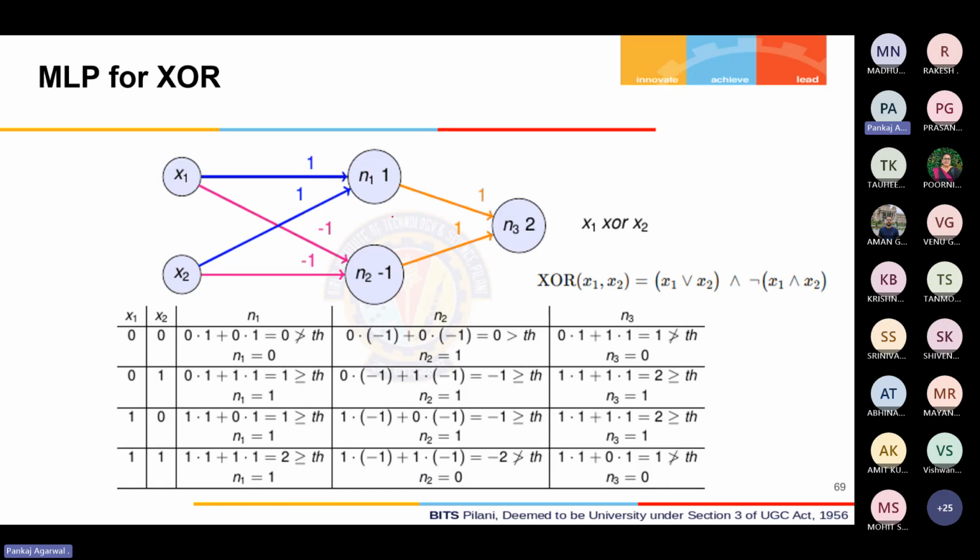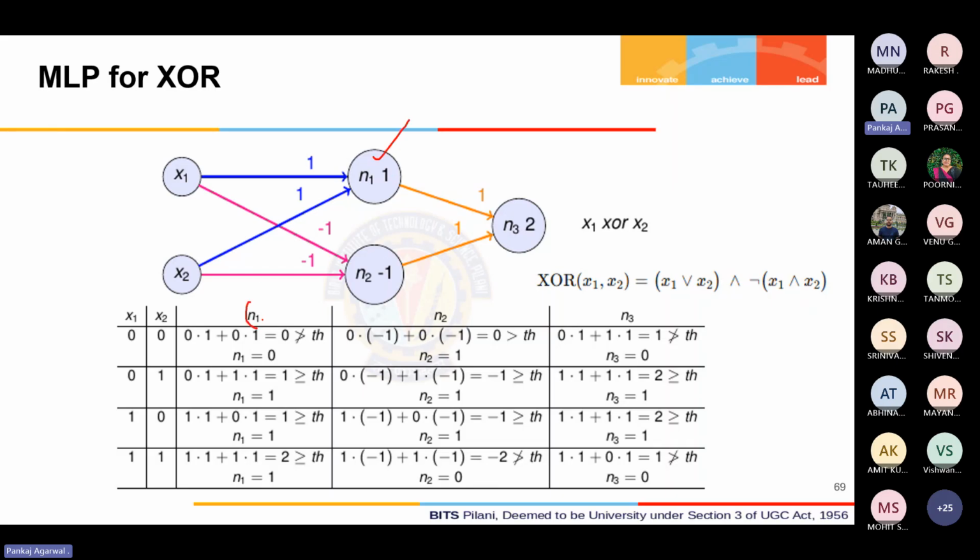This is a typical calculation, which I will show later also. Everyone knows the output of OR, NAND and AND, so start by assuming these functions right now.